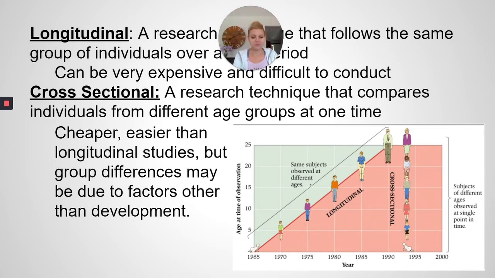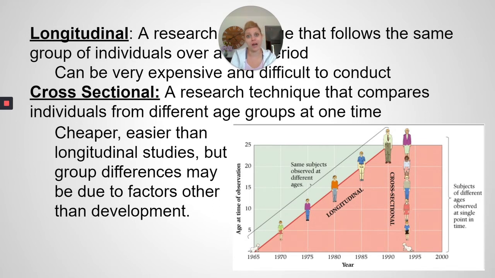Now, another problem with a longitudinal study is that sometimes people get signed up for longitudinal studies by their parents when they are young children, and when they turn 18, they of course have the freedom to decide not to be part of that longitudinal study. Likewise, anybody would be able to leave a longitudinal study at any point in time if they wanted to.